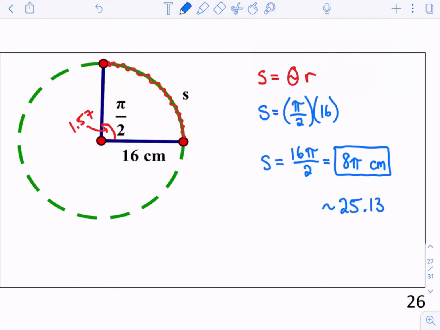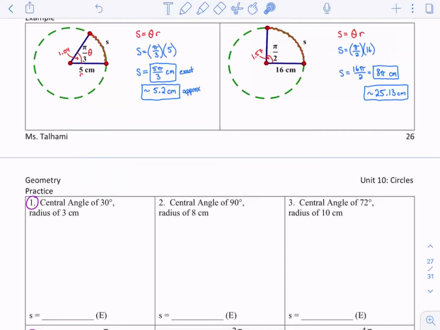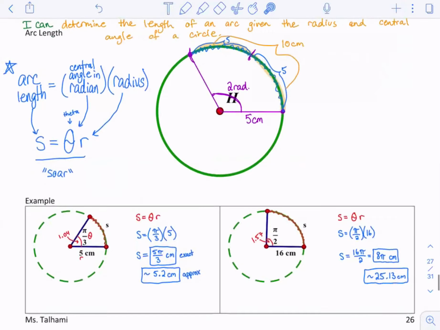So do you guys see how radian measure can help us find the length of the arc? We're going to do one more example. Are you ready? So just to be clear, Mrs. Talhami, before we go on. Sure.